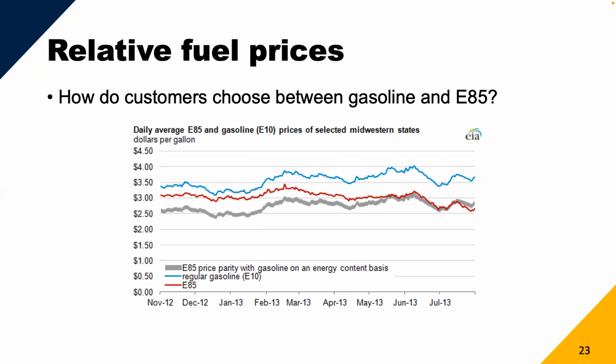The price parity is here. So actually it's gotten, I guess, better. Well, this is an old graph. I wasn't able to acquire a newer plot than this. It's kind of hard to track E85 prices for some reason, or at least together with gasoline.